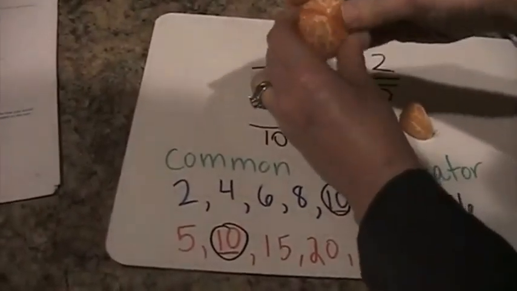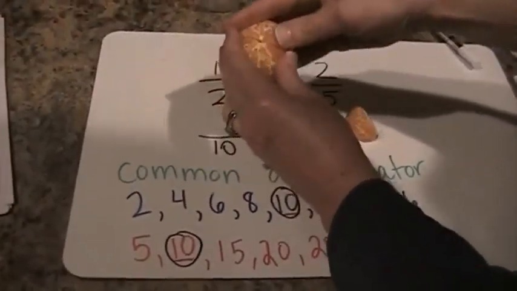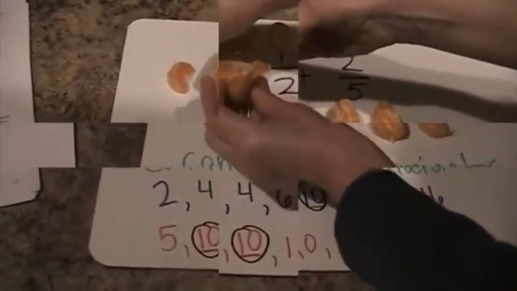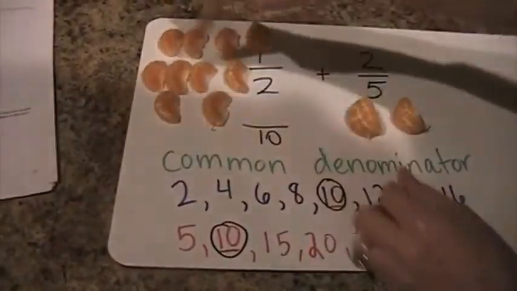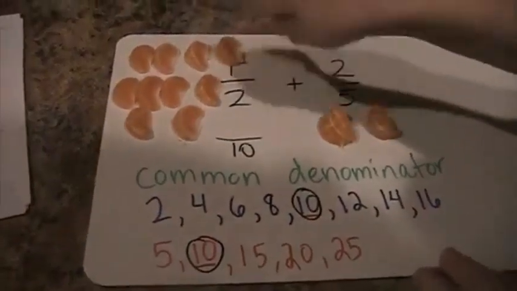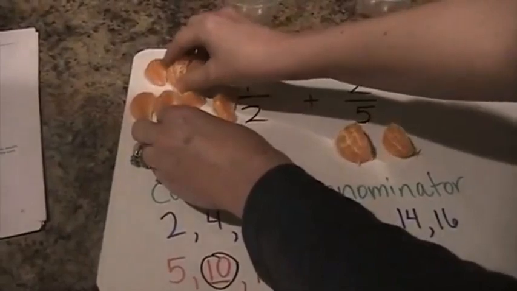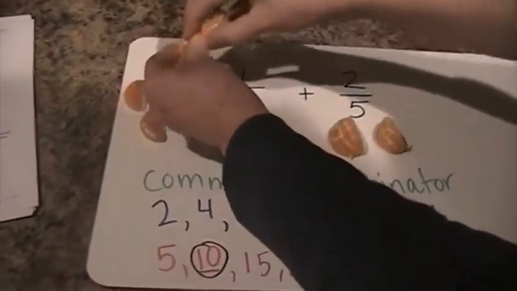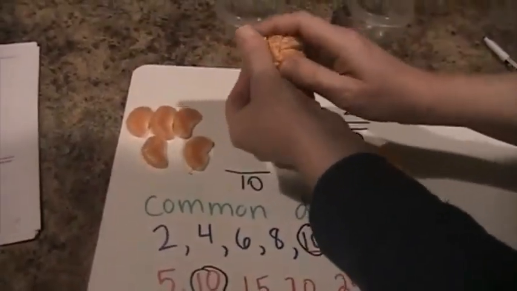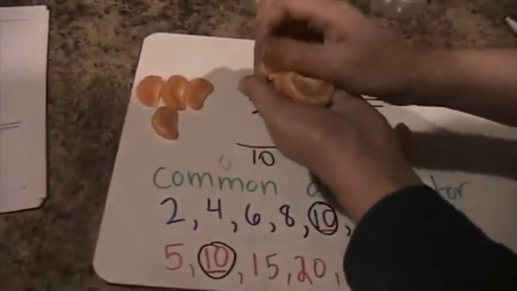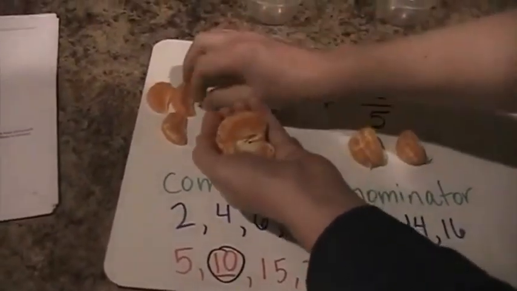So instead of splitting it in half like that, you see I split it into 2 pieces, I'm going to split it into 10. 1, 2, 3, 4, 5, 6, 7, 8, 9, 10. So now I split my orange into tenths, and that 1/2, that half an orange, okay, it's all in tenths. If I put it back together in my hands, if that works.